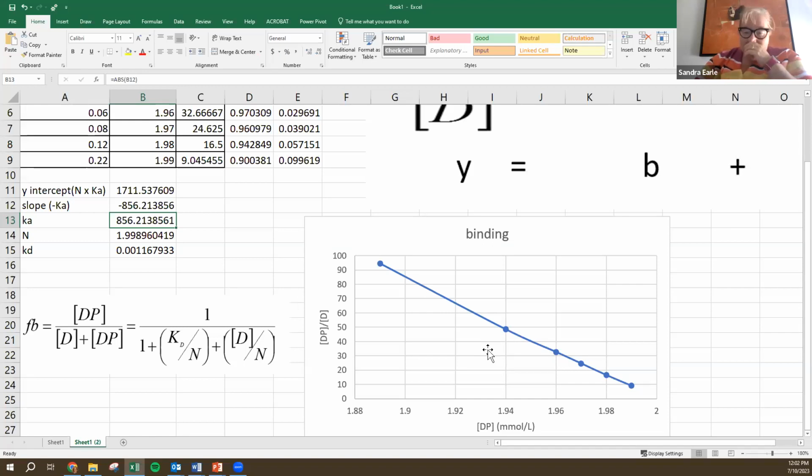And also, there's also diseases that will change the amount of albumin available or the amount of AAG available. Remember, AAG is an acute phase reactant that can increase suddenly. So that N could change suddenly, which is going to change the binding profile, isn't it? So we can see how all of that is affected by doing these binding problems.